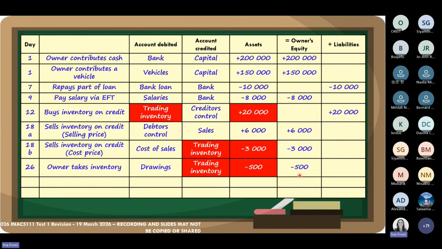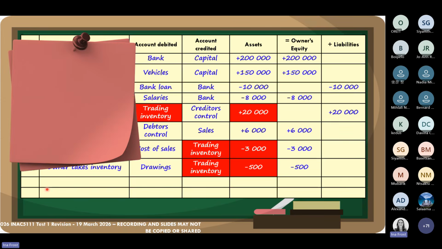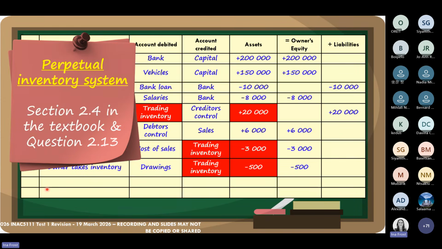So in the last few transactions, all of these transactions had to do with inventory. First, on the 12th, we bought some inventory. Then we sold some inventory, and our owner took some inventory. And all of these transactions were recorded in a specific manner because in the question, they told us that the business is using the perpetual inventory system.